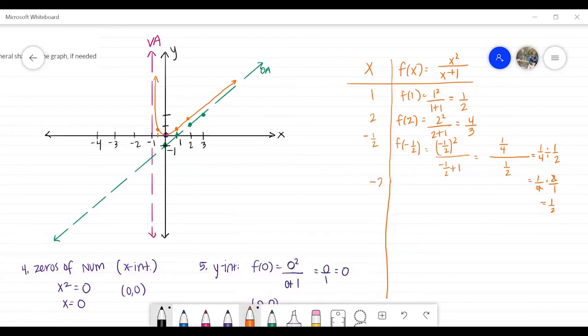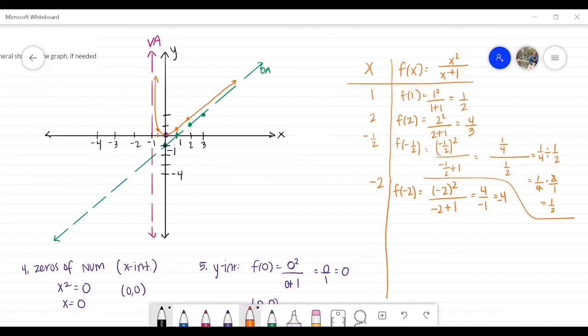If we do a -2 here, f of -2 is -2 squared over -2 plus 1. So that's 4 over -1, or -4, excuse me. Let me draw a line here. Over here, we've got -1, -2, -3. This is -4. So at -2, we're right here.